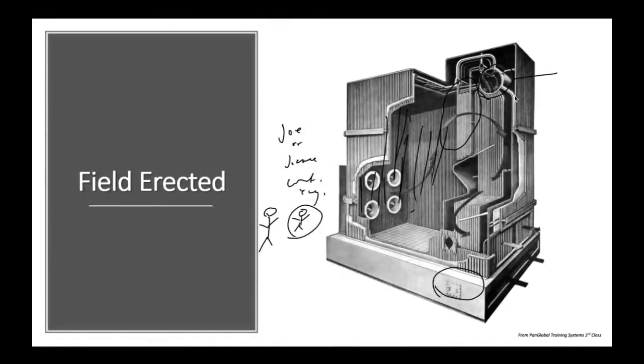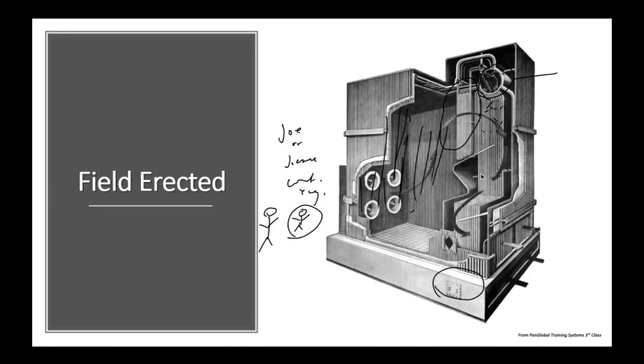And the bottom line is, now they're going to take all of these components, because they are so large, they have to actually build this sucker in the field. And that may involve field welding. Certainly it's going to involve installing every single one of the tubes, and there can be hundreds upon hundreds of tubes in the boiler bank, and each one has to be rolled and expanded into place.